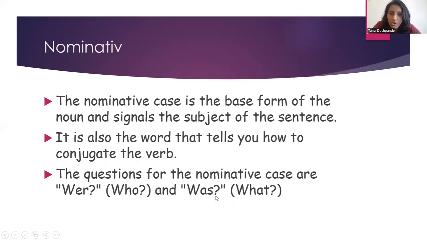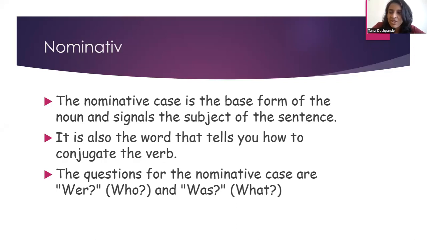Let us jump to the nominative first, and then we are going to see some examples. So the nominative case is the base form of the noun and signals the subject of the sentence. Whatever is the subject of the sentence is in the nominative case. It also tells you how to conjugate the verb. So, ich singe, I sing.